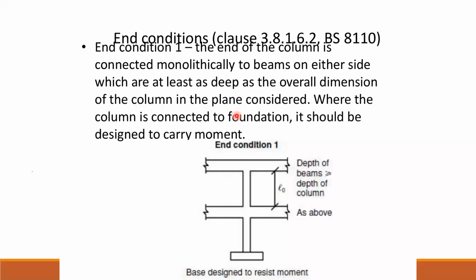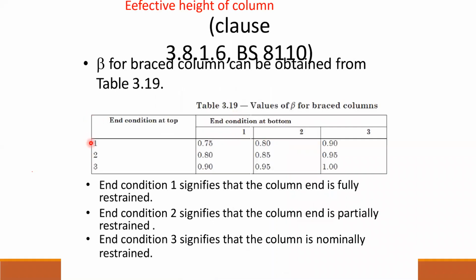So what does it mean? If the column is monolithically cast with the beams on either side, in a selected plane, we call it end condition 1. In such cases, you come here: end condition top, this one, and end condition bottom, this one.